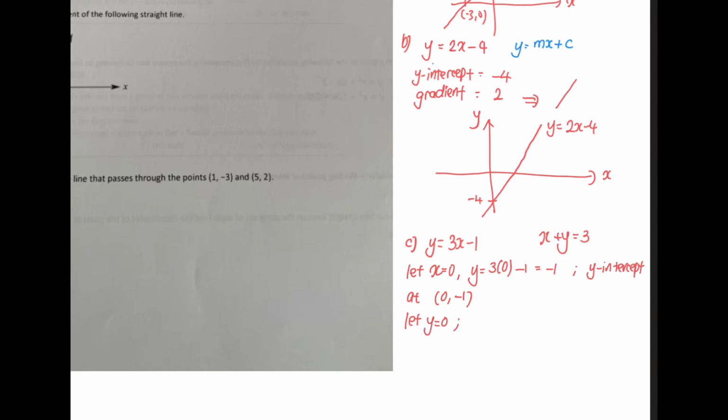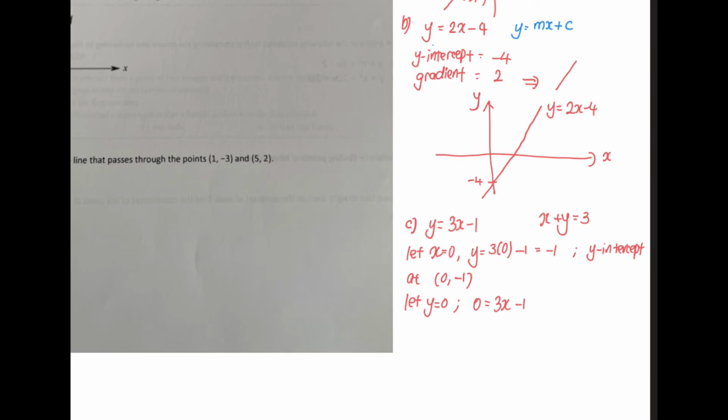Then imagine I substitute 0 here. So I will get 0 equal to 3x minus 1. Then I have to find the value of x. I bring minus 1 to the left, so that I get 1 equal to 3x.